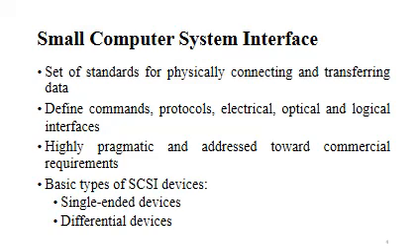Single-ended devices use one data lead and one ground lead to establish single-ended signal transmission over the bus. And differential devices use two data leads, neither of which is at ground potential.